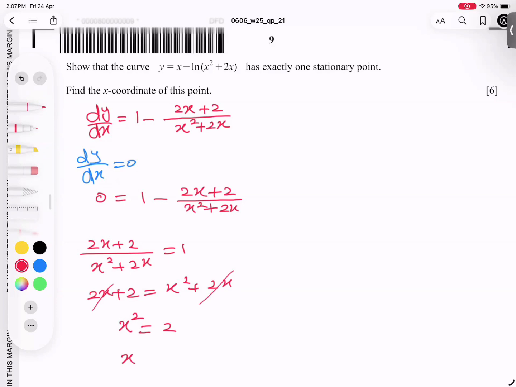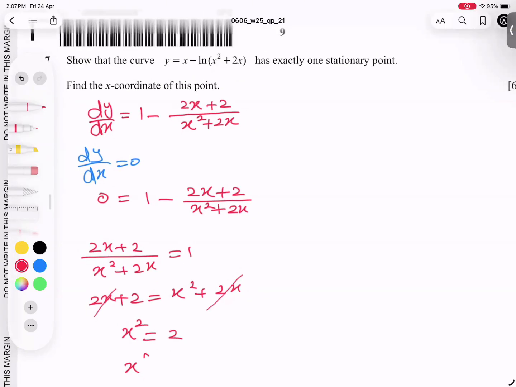But wait a minute. X has a 1. This completely goes down, and 2x plus 2. Okay, this is clear. So I will take the root of both sides, and we get what, students? We are getting plus and minus root 2.